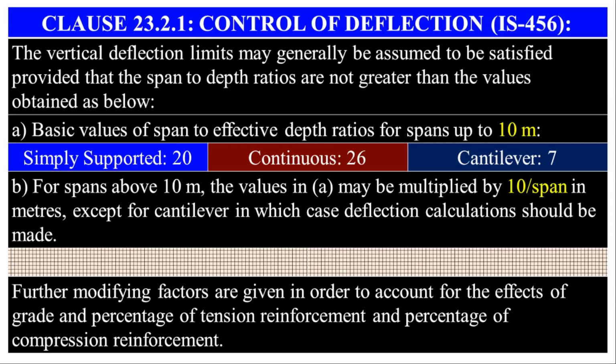In this video, we will focus on calculating the deflection of a single reinforced section. Therefore, our calculations will consider the percentage of tensile steel required and the percentage of tensile steel provided to determine the value of Fs.